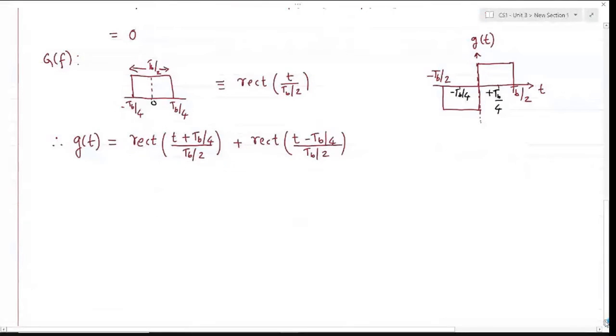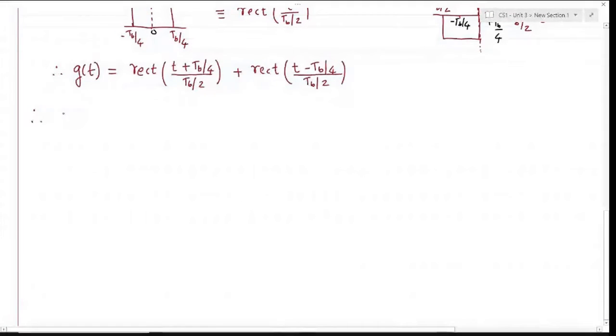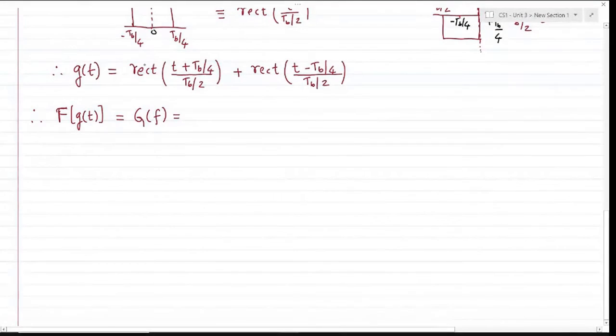Our job is to find the power spectral density, for which I need to find G of f, the Fourier transform of this g of t. As we know, the transform of a rectangular t over tb by 2 is a sinc function with an amplitude of tb.